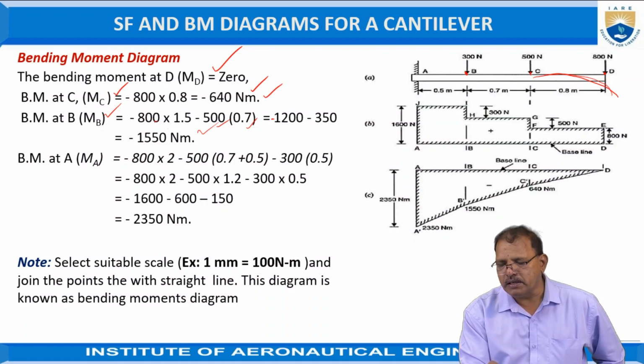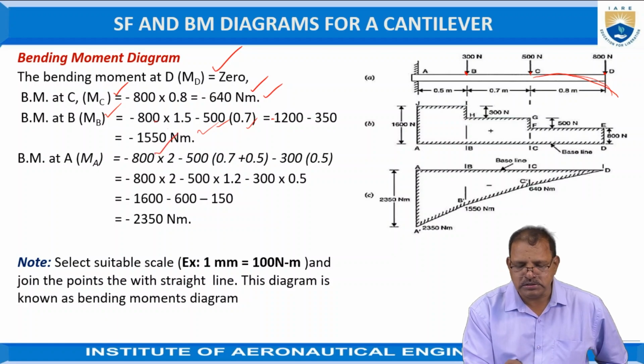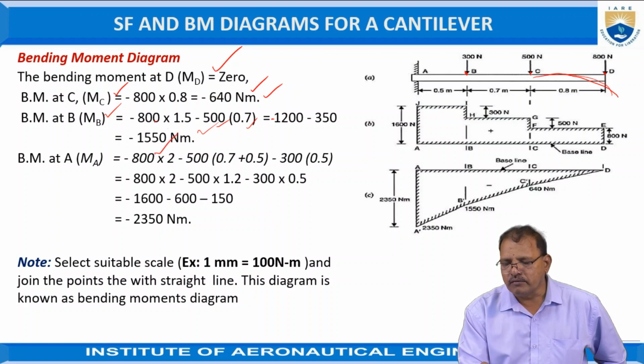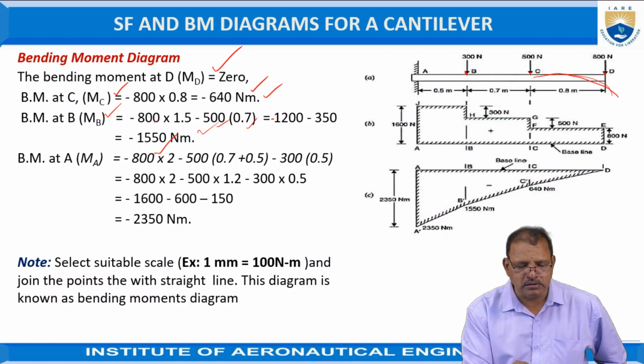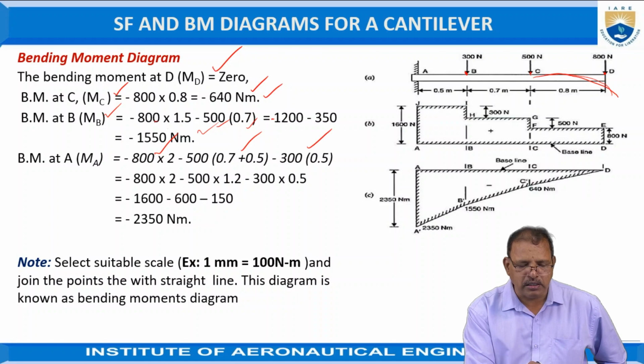The distance between A and D, we are taking here, is equal to 2 meters. That is 800 into 2. The second one is 500 into (0.7 plus 0.5), that is 1.2. The third one is 300 into 0.5. All are negative only.